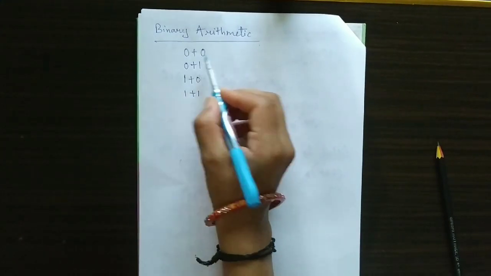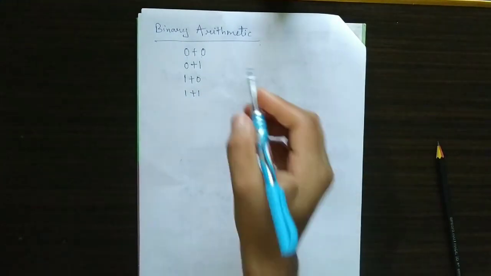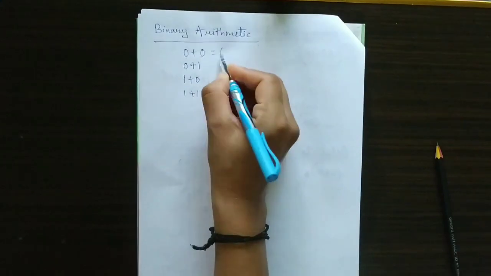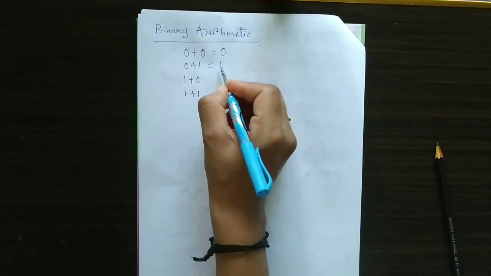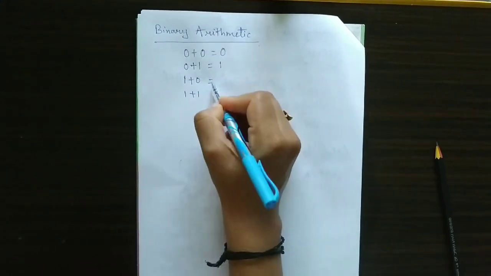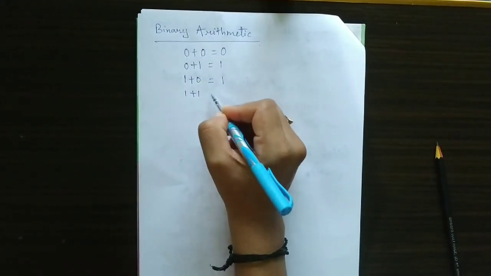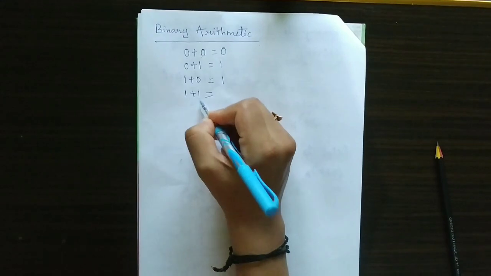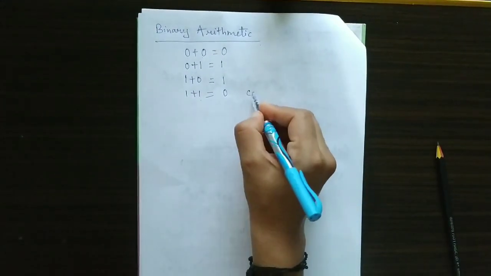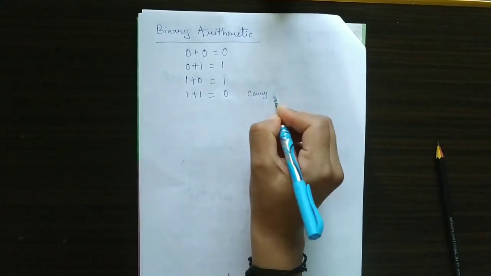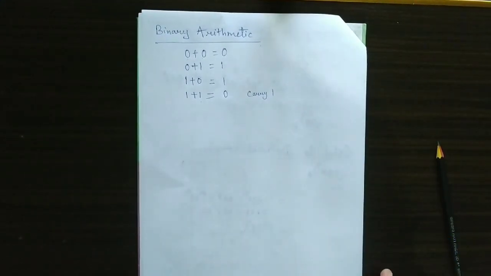So 0 plus 0 in binary is 0. 0 plus 1 is 1. 1 plus 0 is also 1. But 1 plus 1 is 0 and carry 1.